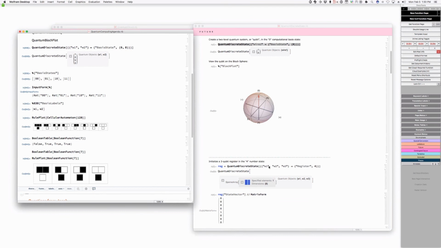Most people would call it a state of a finite dimensional quantum system. There's nothing discrete about the state. The state is still continuously parameterized. It's the dimension of the embedding system that makes it discrete in this sense.